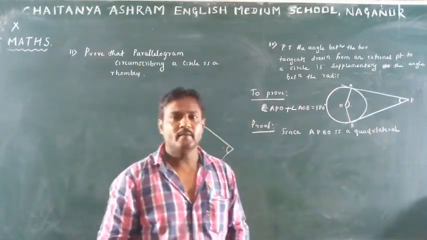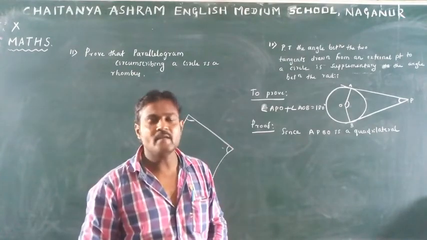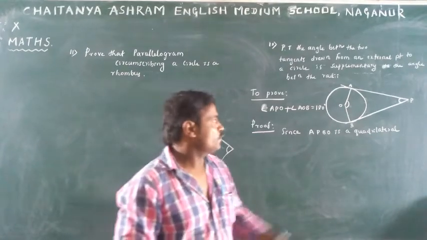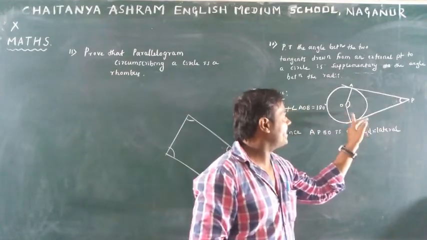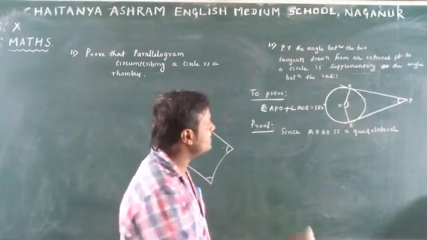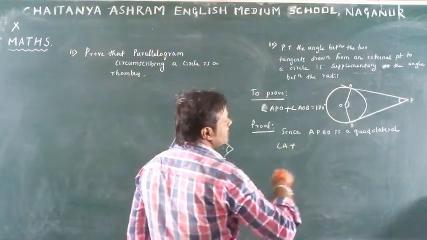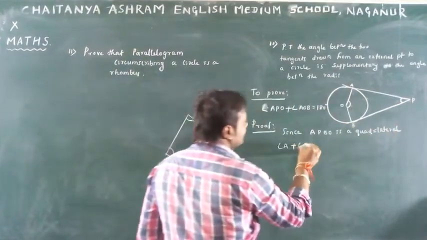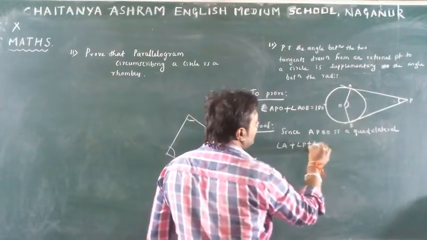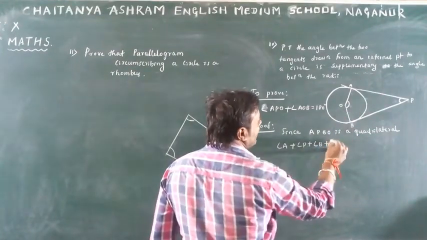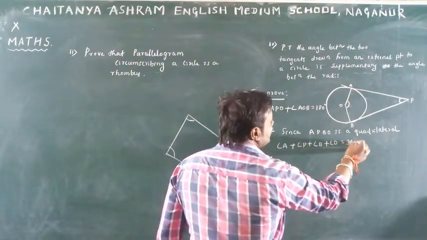This we learned in your previous standard, that is in 9th class. So the sum of these 4 interior angles: angle A plus angle P plus angle B plus angle O is equal to 360 degrees.